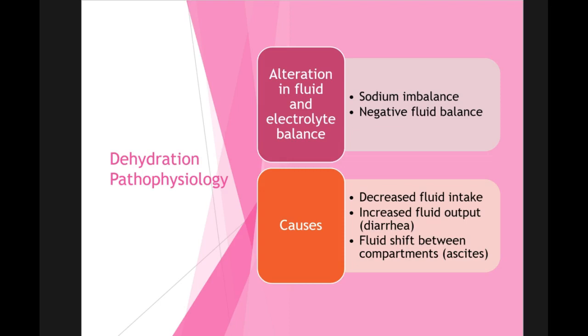But there are other things that can lead to dehydration as well. As you see here, fluid shift between compartments, like ascites. So third spacing. This is why I mentioned that before. Someone who looks like they have plenty of fluid because they have edema, yeah, they do have plenty of fluid. It's just not where we want it to be. So they are essentially dehydrated.